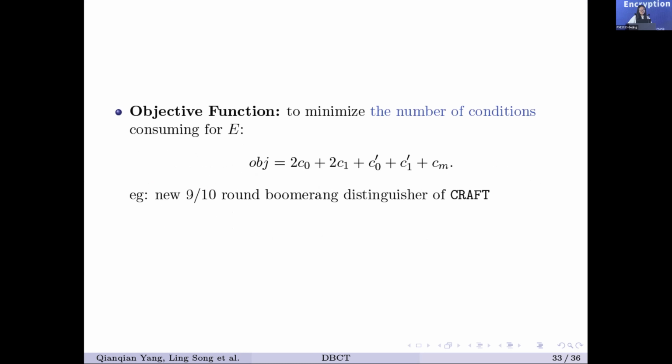The objective function is to minimize the number of conditions, and we use the new MILP model. We get two new Boomerang distinguishers of Kraft with a higher probability than before.